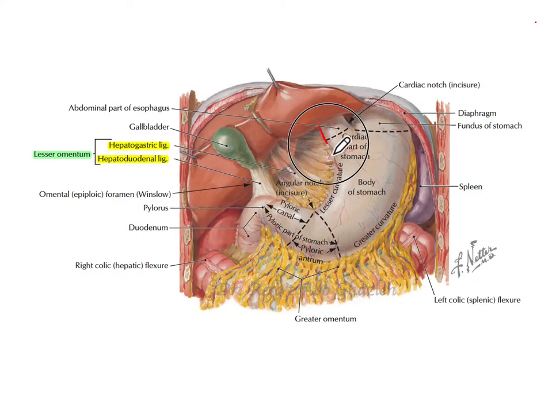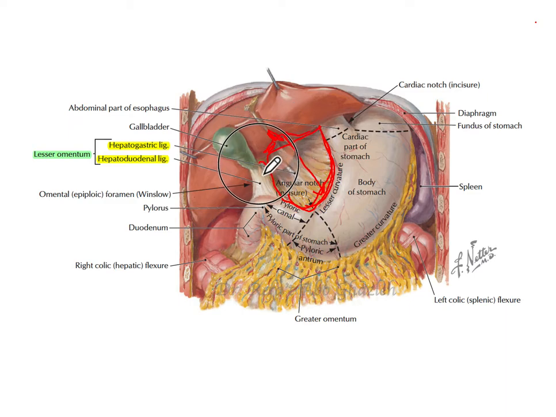Here's the lesser omentum. This is the membranous part of the lesser omentum, known as the hepatogastric ligament, that connects the lesser curvature of the stomach to the liver, including the porta hepatis and the fissure for the ligamentum venosum.